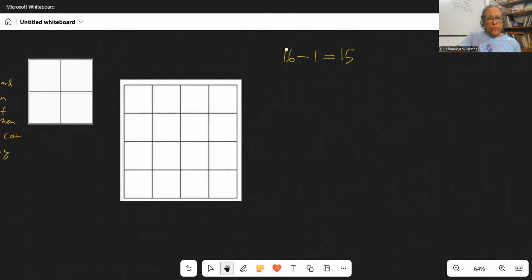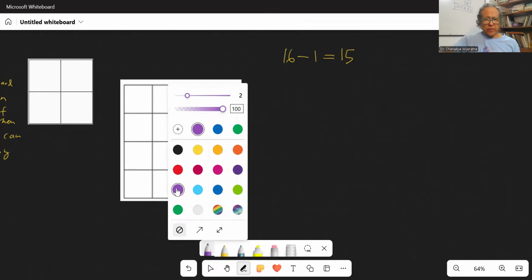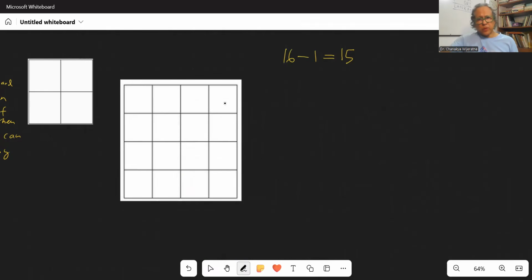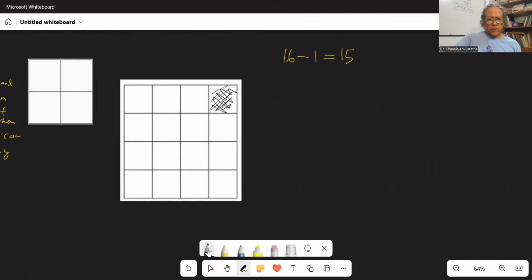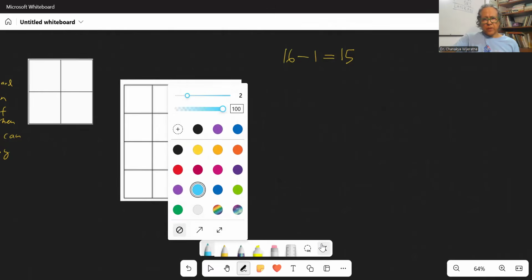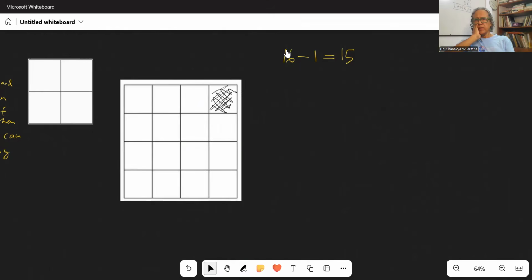Now, let's remove the top right square, this one. So can we tile this deficient board? Let's see. I'm going to think for a moment, so let's see whether I can try this.